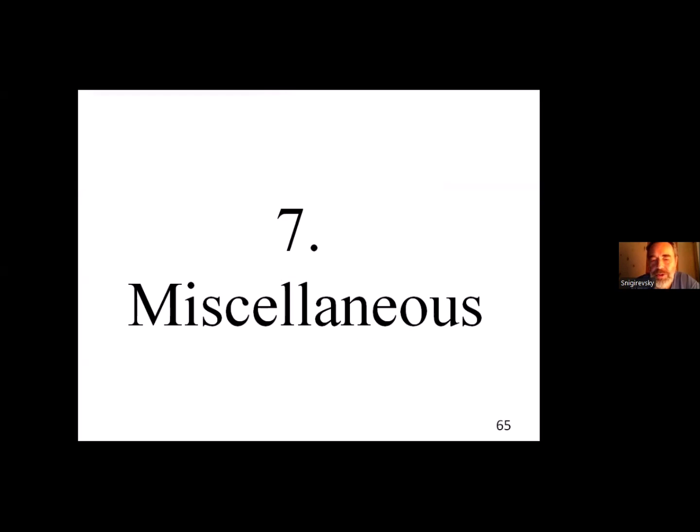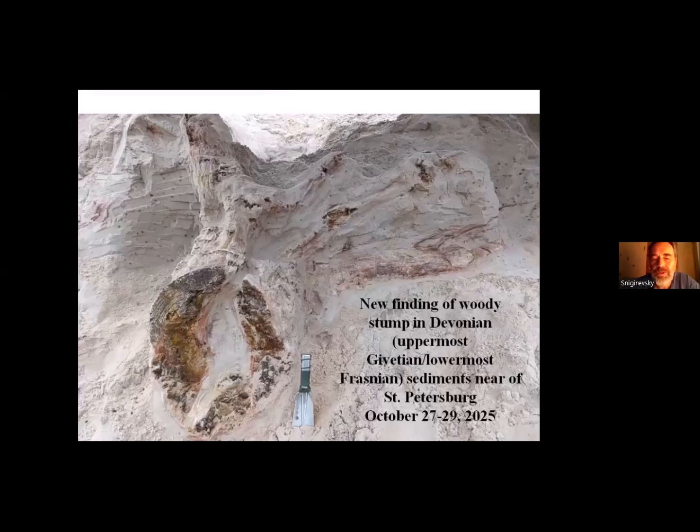Not far from St. Petersburg, my colleagues Anna and our colleagues from St. Petersburg University found a new woody stump of a Devonian plant, maybe Givetian, uppermost Givetian, or maybe of lowermost Frasnian sediments, not far from St. Petersburg. And this stump is being prepared now, at the time of our lecture.